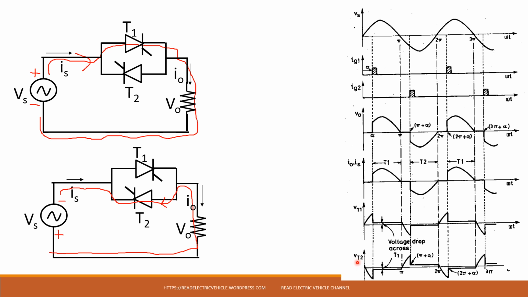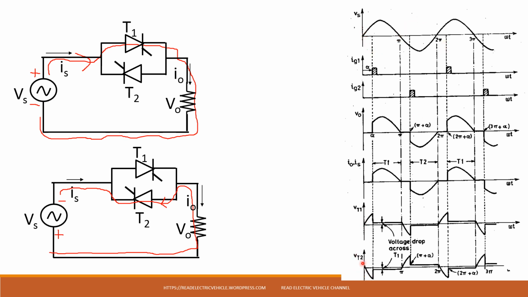Similarly, for drawing V2, during this period T2 is not conducting. So what is the voltage across that? That will be negative of this one. That is minus Vs will be applied across T2.